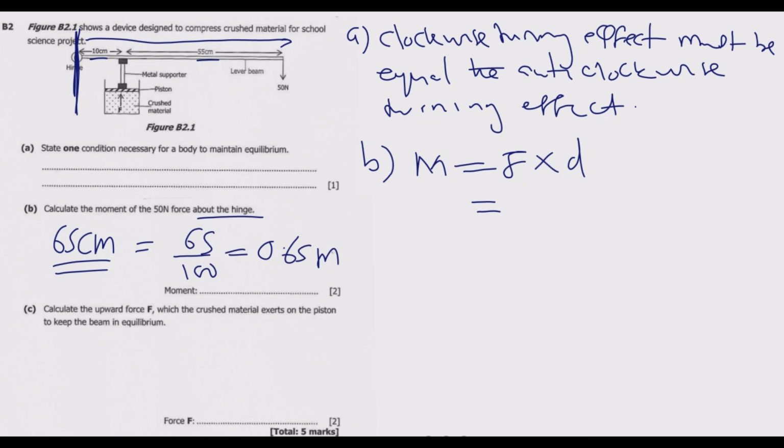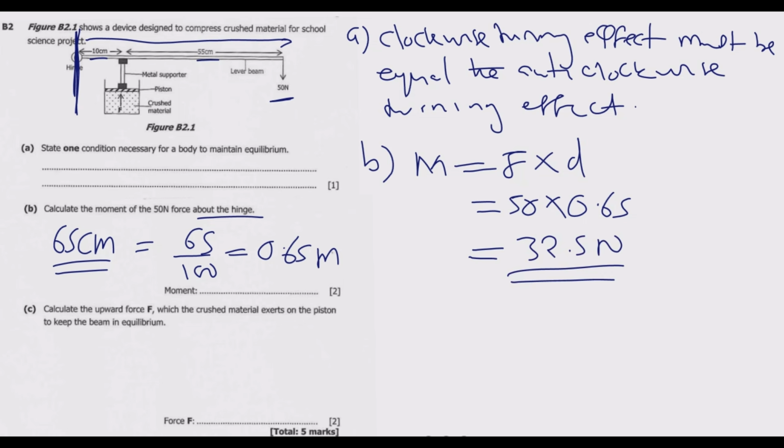Then we have 50 Newton from the pivot, then the distance from the pivot, which is 0.65. When we multiply these two, we end up with 32.5 Newton meters as our answer.